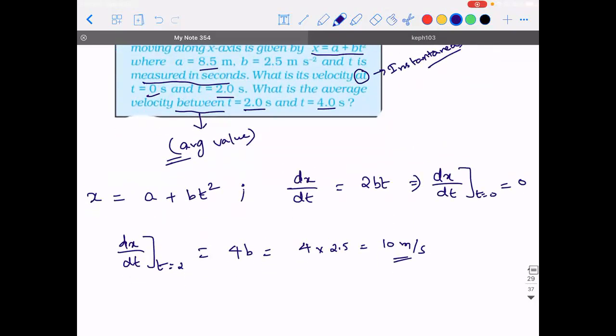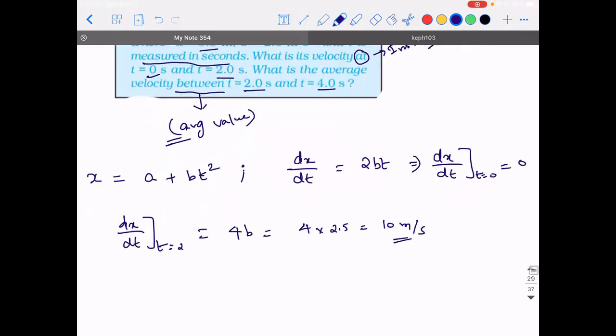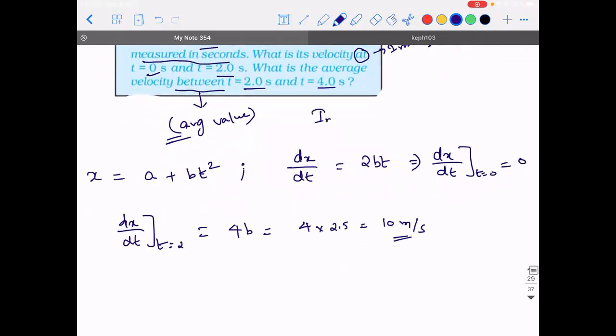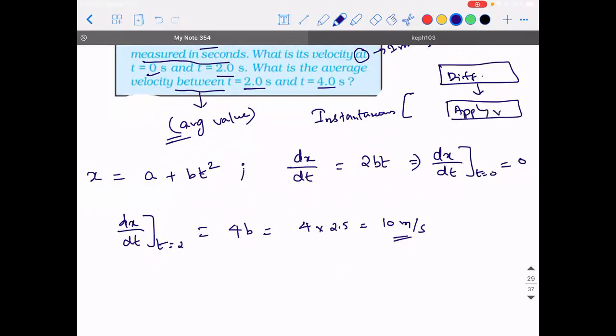Similarly, what is the average velocity between 2 and 4 seconds? So whenever instantaneous is asked, the method is differentiate and apply values.